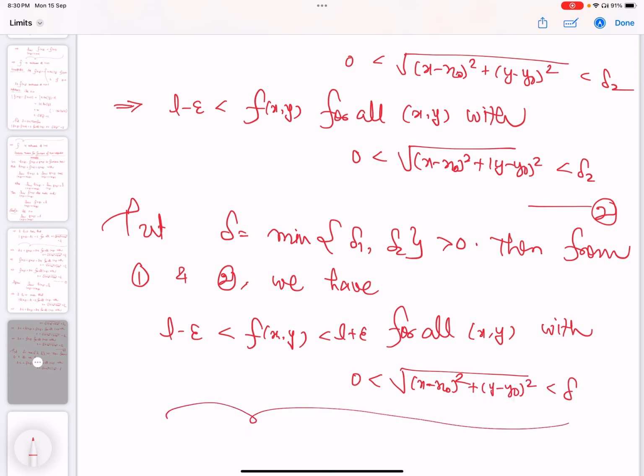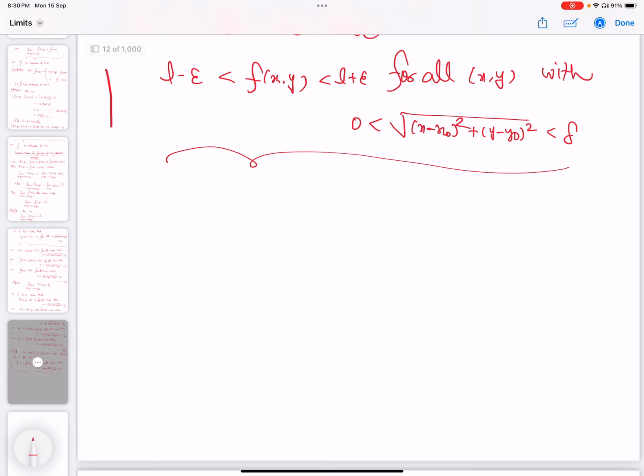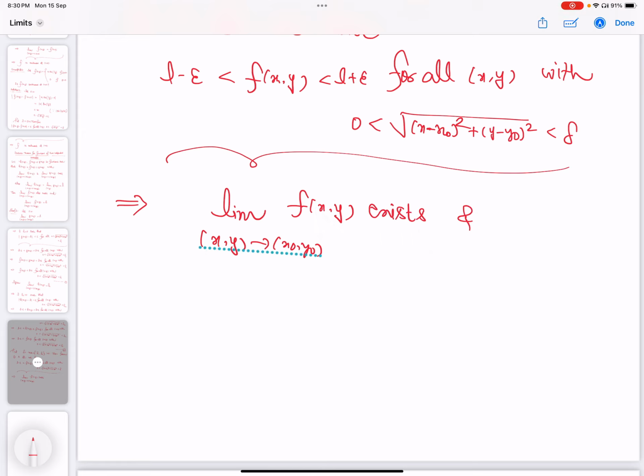What is the meaning of this? This implies the limit as (x,y) tends to (x naught, y naught) of f(x,y) exists and is equal to L.